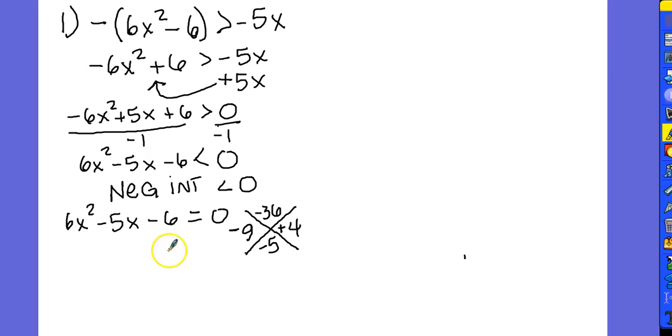Now yesterday we could just take our A term and split it, x and x, but our A is 6. Do you know how you're going to split it with a 2 and a 3 or a 6 and a 1? You don't, right? So what we have to do is break our center term up. So 6x squared minus 9x plus 4x, which equals negative 5x, minus 6 equals 0.